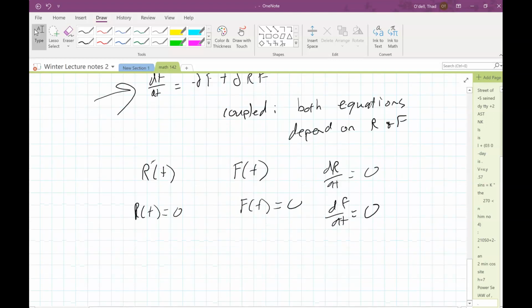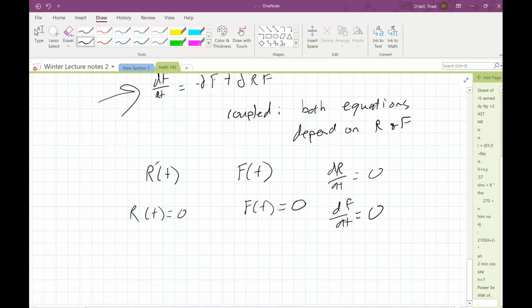And that obviously produces a solution. This would make sense, because if the rabbit population was 0 and the fox population is 0, then the growth rate would be 0. Nothing would happen, right? That's an equilibrium solution.